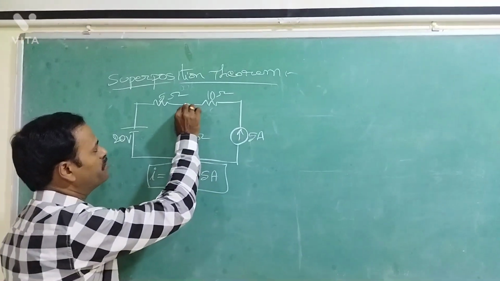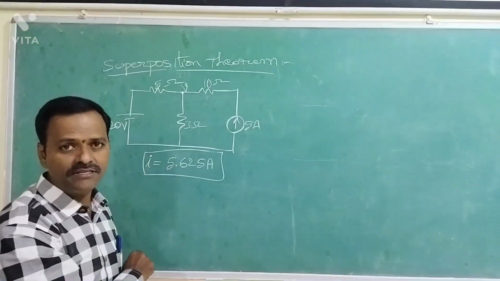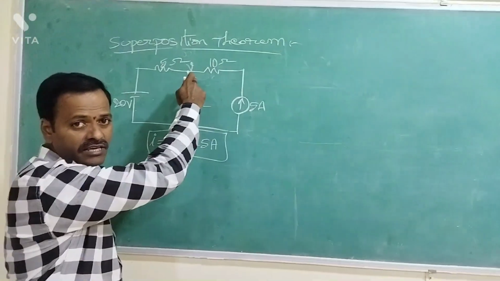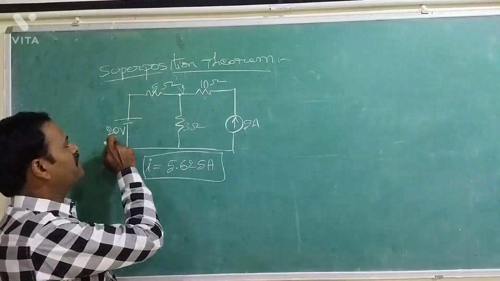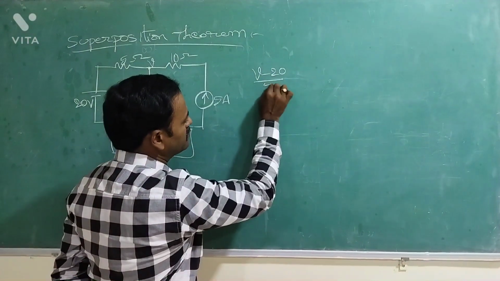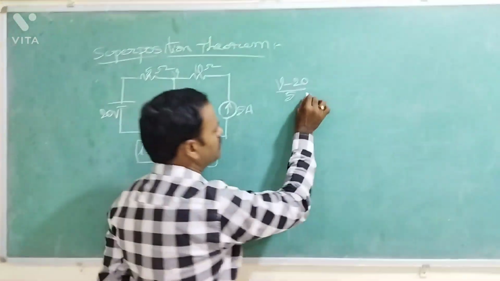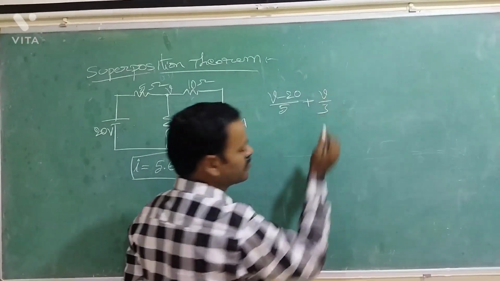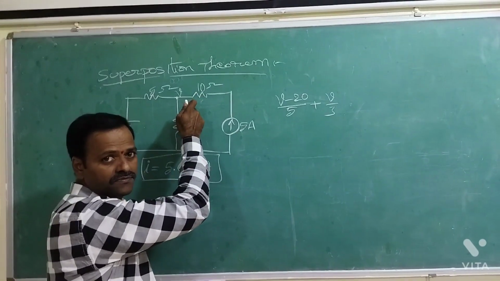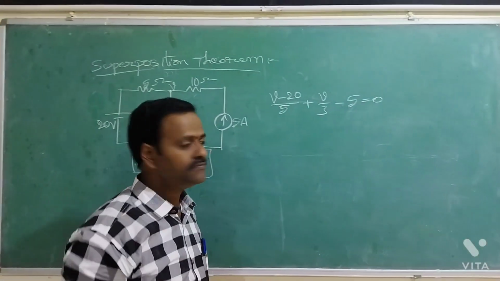Now let us consider a node here, and this is node voltage V. Apply KCL for this. At this node, write the KCL equation. That is (V minus 20) by 5, plus the current flowing through this, which is V by 3, and in this path there is an incoming current, so minus 5, is equal to 0.